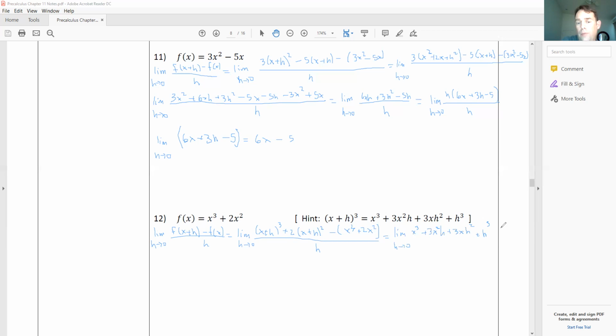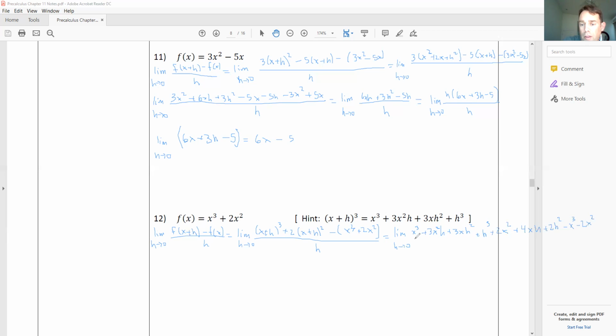And then the 2 times x plus h squared, when you multiply it out, you get 2x squared plus 4xh plus 2h squared, minus x cubed minus 2x squared.